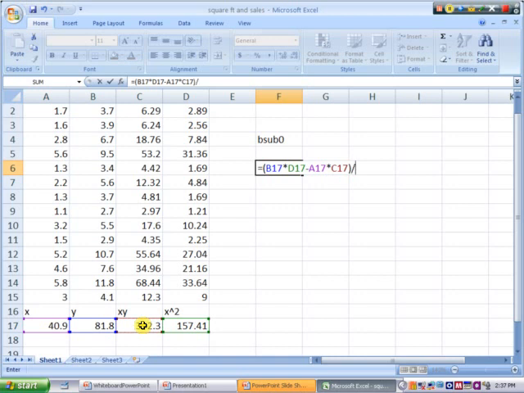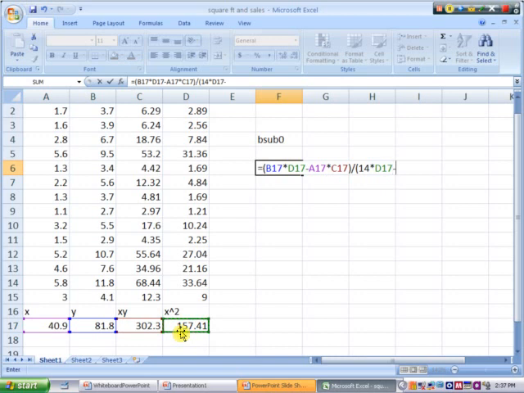Now that's divided by, if you look at your notes from before, n times the sum of the x squared minus the quantity sum of the x's squared. So let's open a parenthesis for the denominator. Our n is 14, so 14 multiplied by sum of the x squared. Here's our x squared right here.